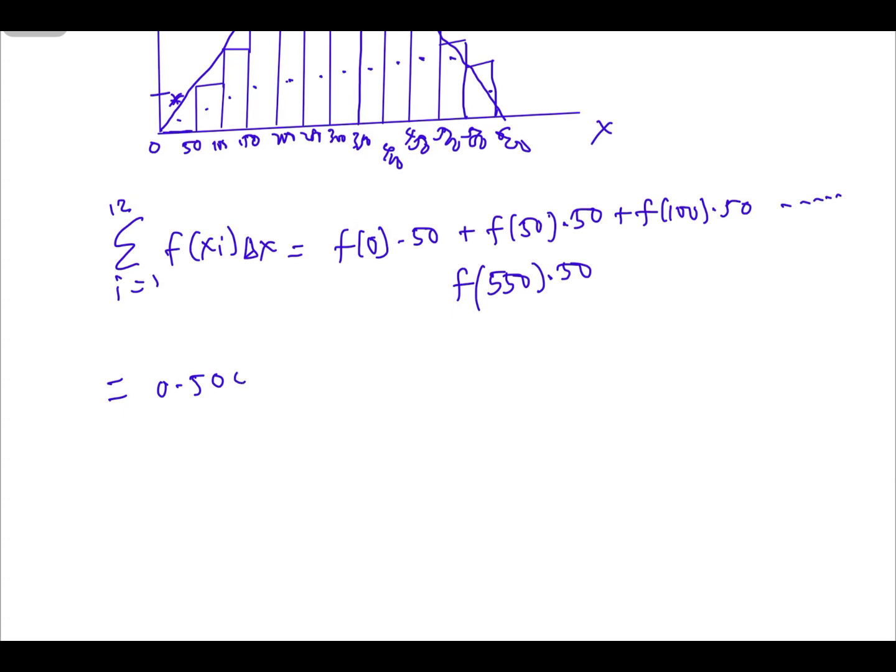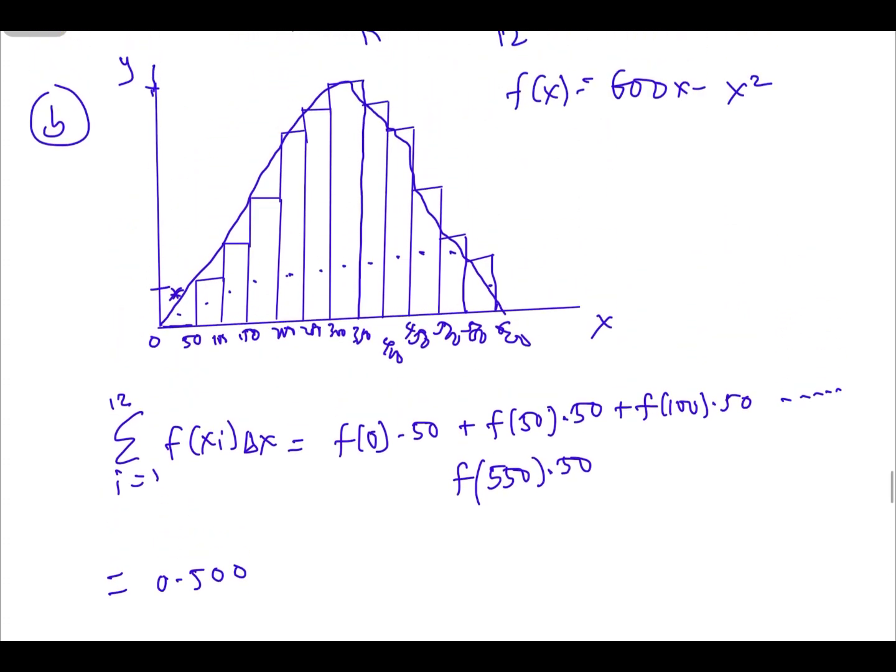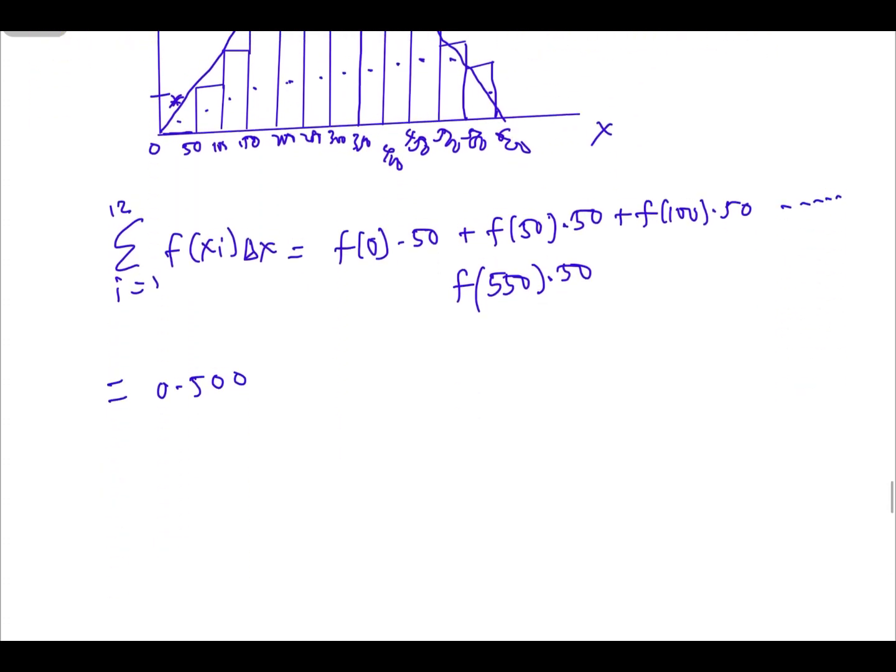0, because when you put 0 into the function, you are going to get 0, then 0 times 50, plus 27,500 times 50 up to 27,500 times 50.